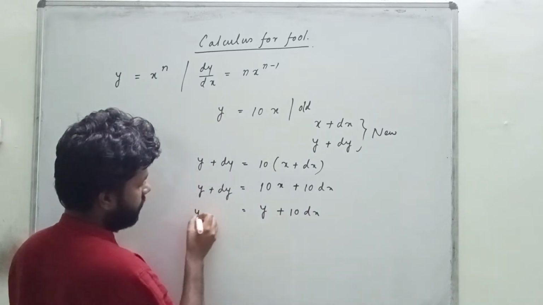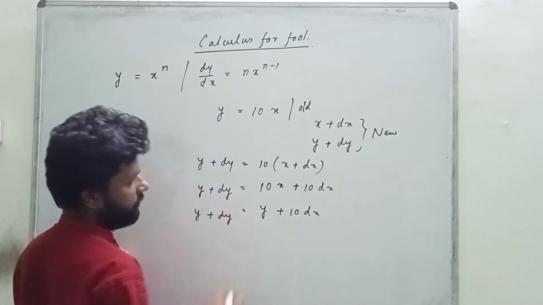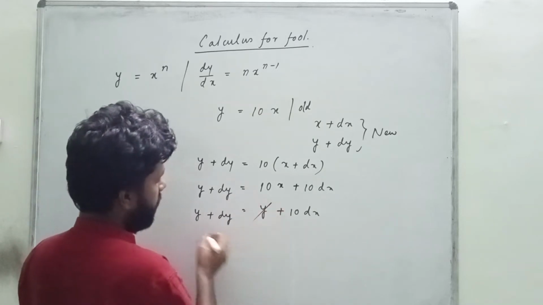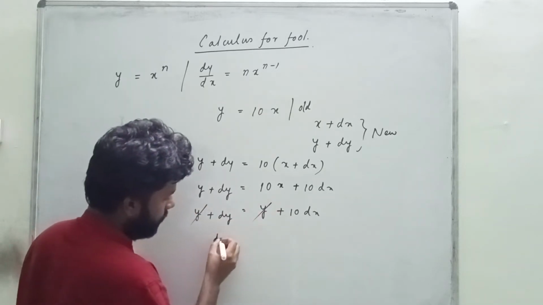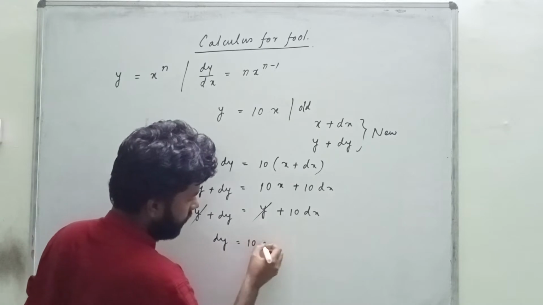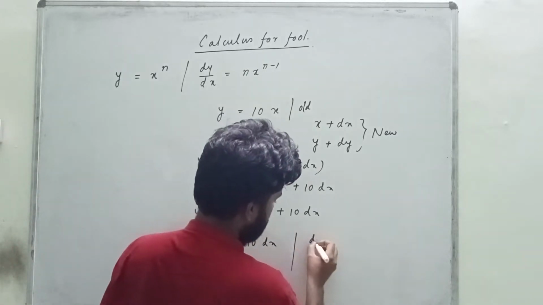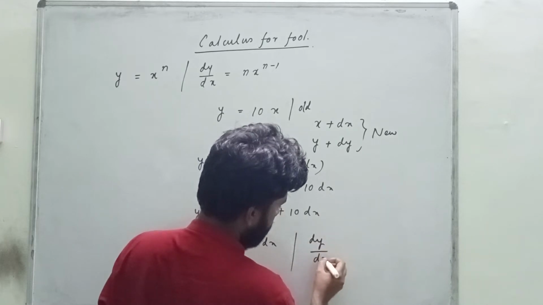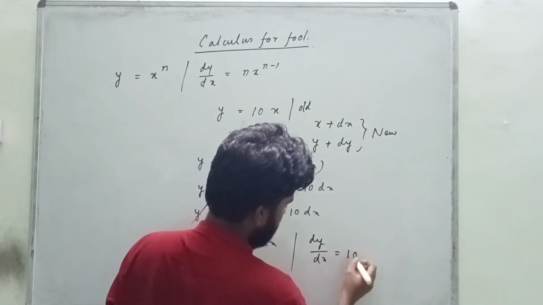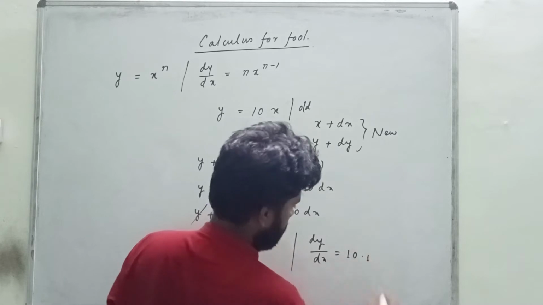So you can cancel out y and y. So dy equals 10 dx. So what is dy over dx? It's very simple. Dy over dx goes to just 10 into 1, right?